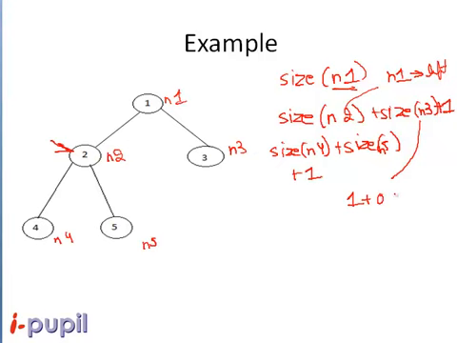So, and this particular one over here. So the size of n4 comes out to be 1, and the size of n5 also comes out to be 1. So the total size is 1 into 5, which comes out to be 5.